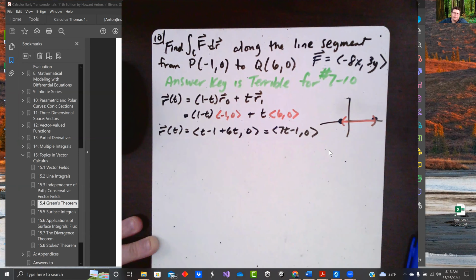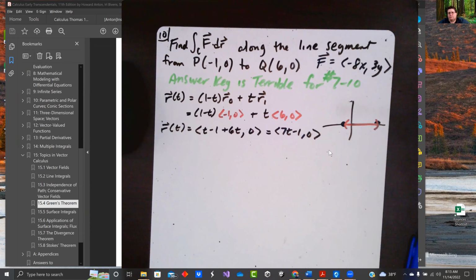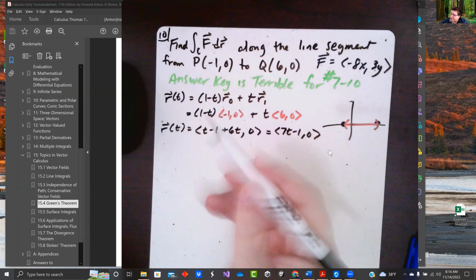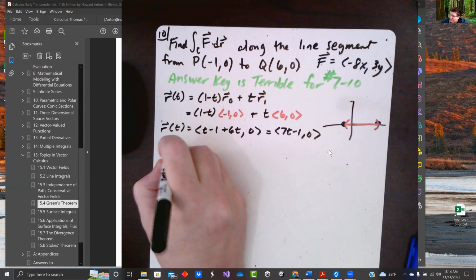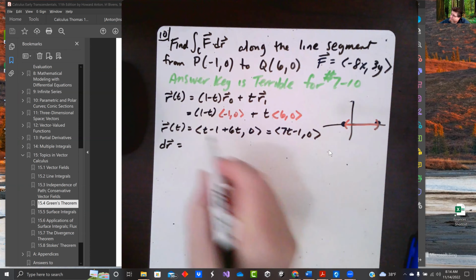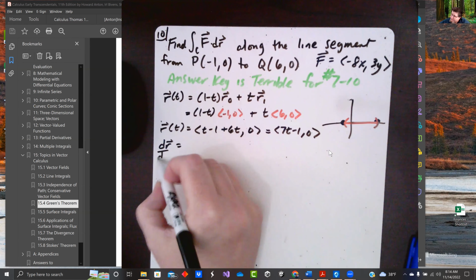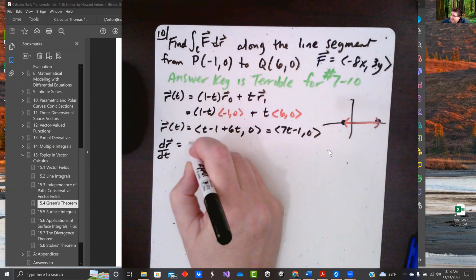That's my r of t. So we need dr, which is what we were setting this up for. dr, with respect to t, is (7, 0).